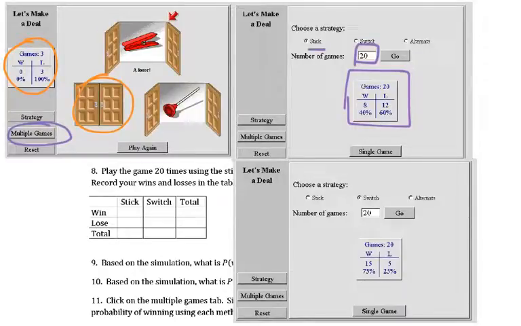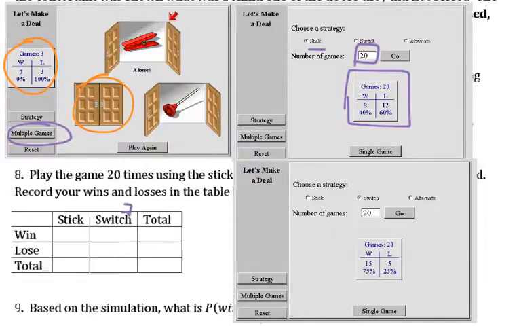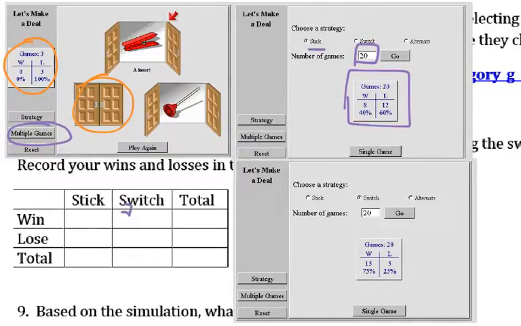So when we talk about stick on mine, the wins were 8. Wow, apparently I can't write. Let's try to make that a little bigger. So 8 wins, 12 losses, so a total of 20. Then for the switch, we had 20 games again, so a total of 20.